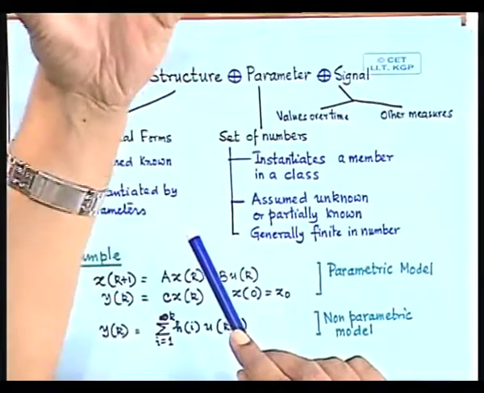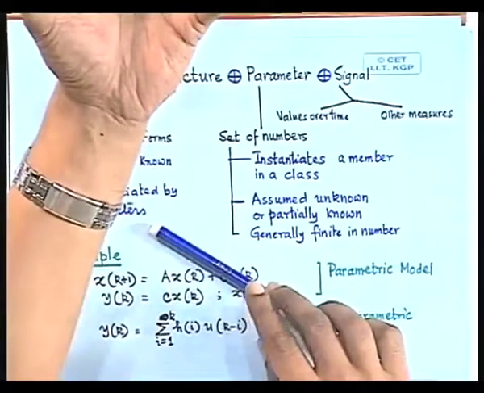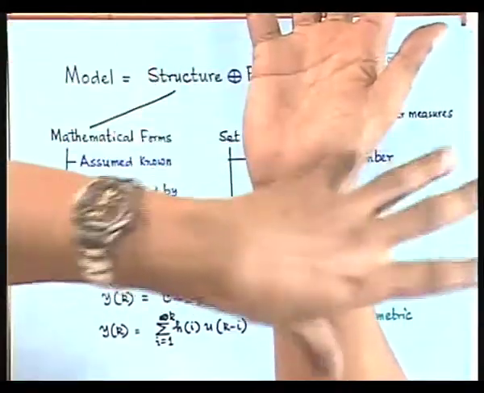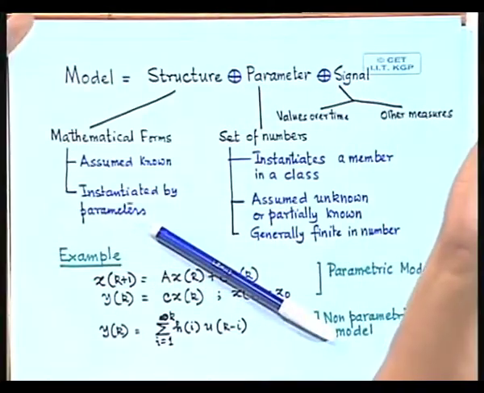Now you are in general interested in building a model for something. Once you have defined a set, that set serves like a bag. In that bag there are so many models. So in how many will you search? You have defined that you are going to search from the systems in this bag. Now in that bag you have to pick out a particular model.